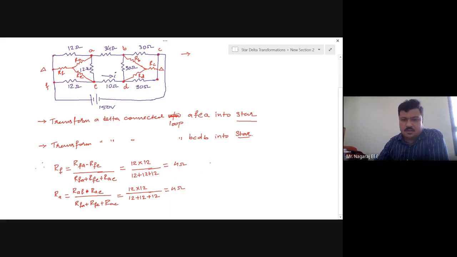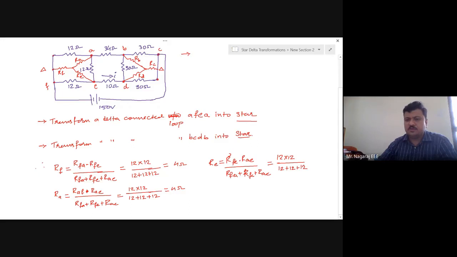Okay, and RE is equals to, as per the formula, RFE into RAE divided by RFA plus RFE plus RAE, 12 into 12 divided by 12 plus 12 plus 12, which is 4 ohms. Okay. Similarly, on the other side.